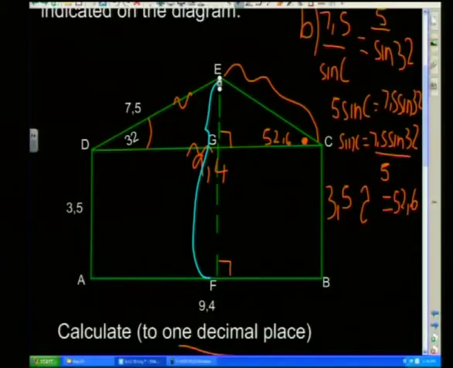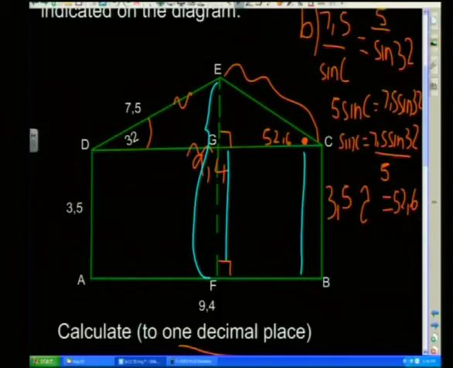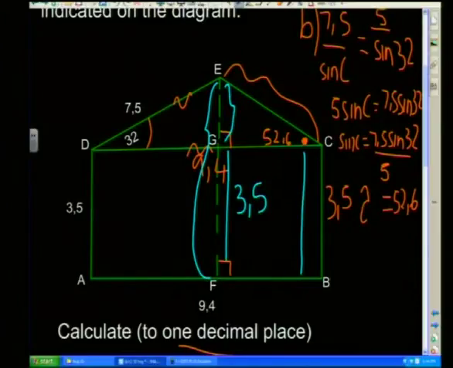If you look at that, that distance has to be the same, otherwise your house would be lopsided. So therefore, if AD is 3,5, GF is 3,5. So that means the only thing I've got to do now is to find EG, because if I add EG to GF, that will give me the total height.